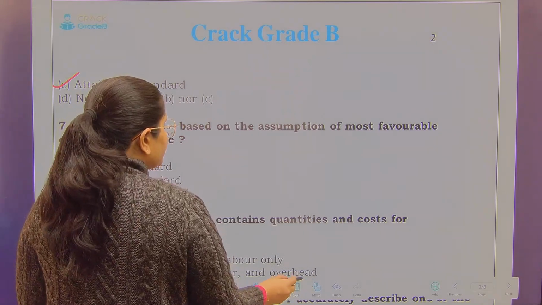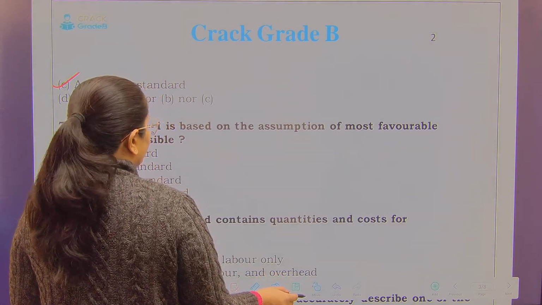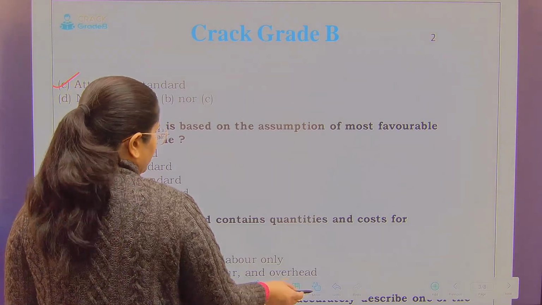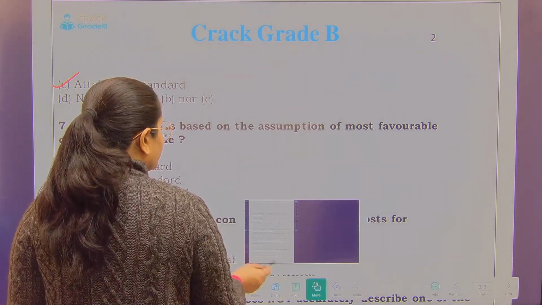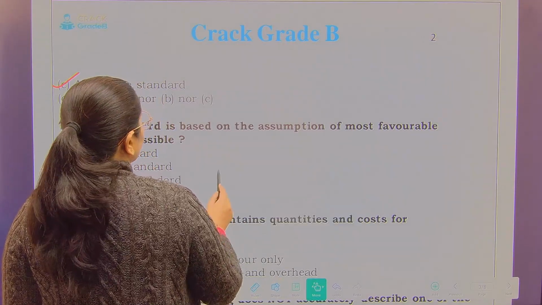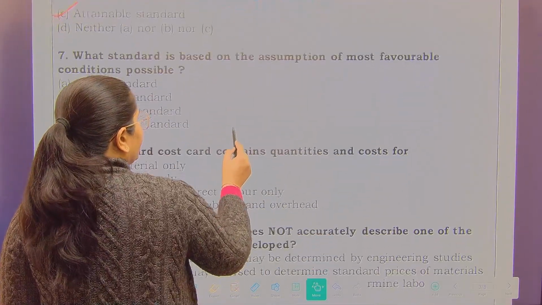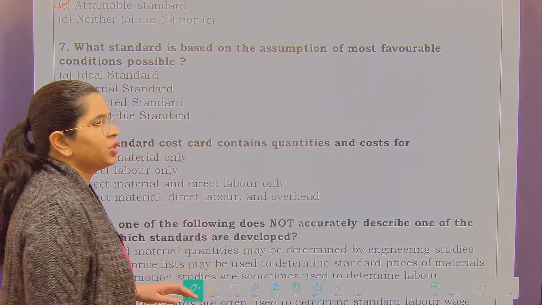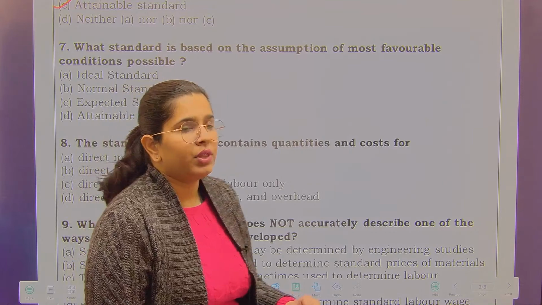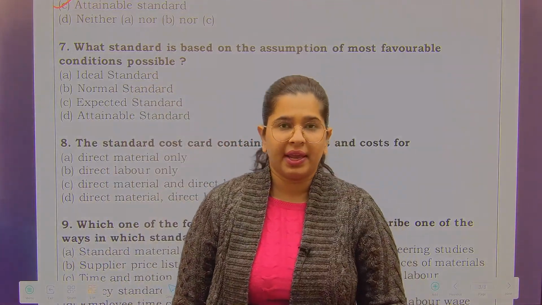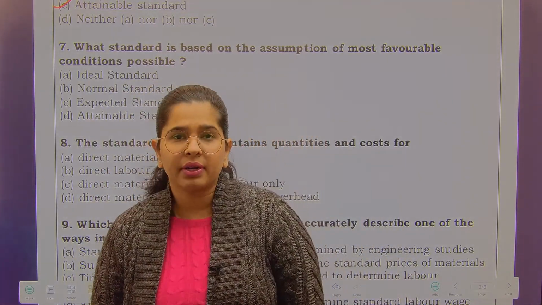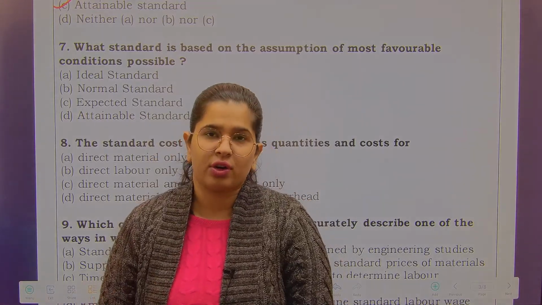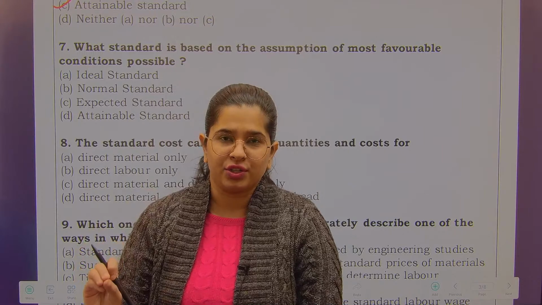Next is, what standard is based on the assumption of most favorable conditions possible? Most favorable conditions possible means nothing is going wrong, everything is as you have planned, means there is no machine downtime, there is no machine breakdown, there is no labor shortage, there is no labor strike, nothing of that sort, means the ideal conditions, right?